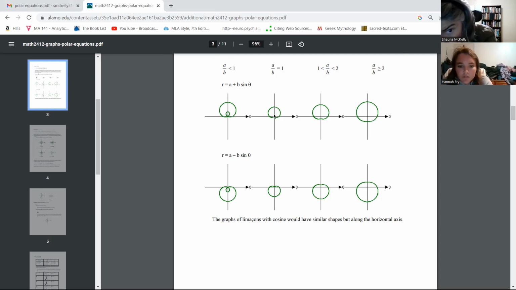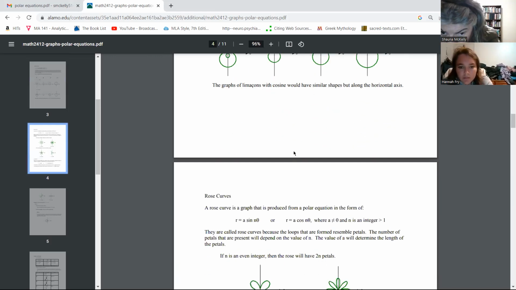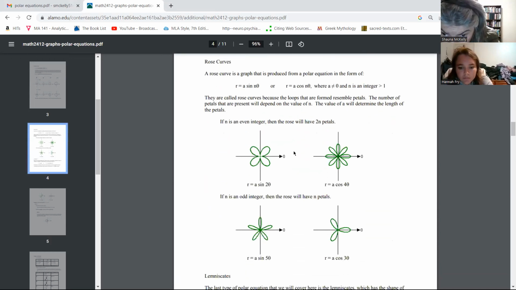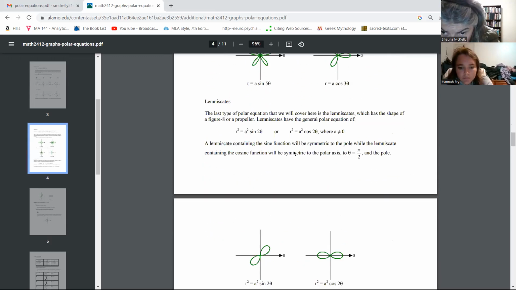But this is how, as far as the way these are, you want to pay attention to this grouping up here on the first page. And then you want to pay attention to the rose curves on the second page.